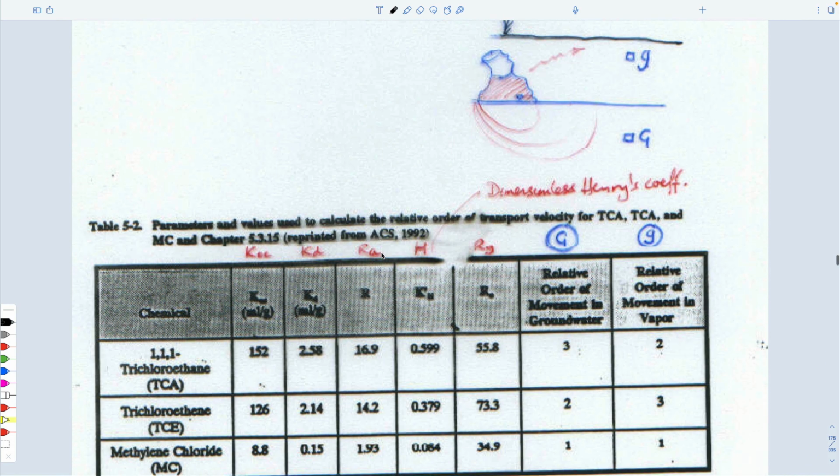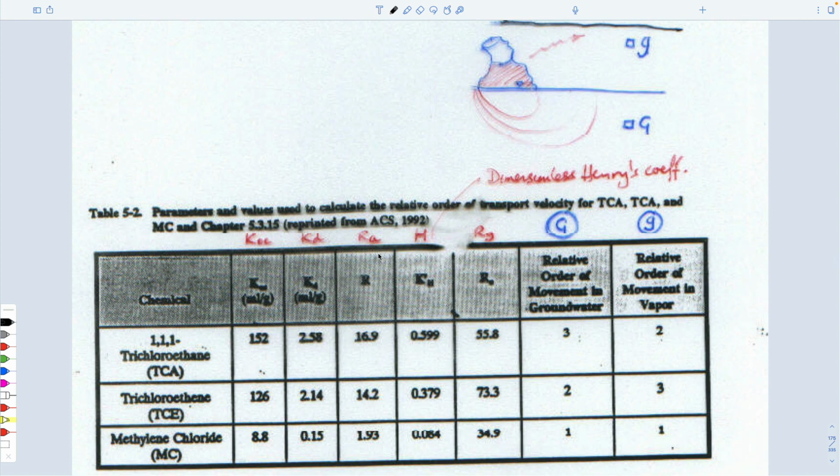And I know it's kind of a horrible figure down here, but this is KOC. This is the distribution coefficient, KD. This is the retardation coefficient in the aqueous portion. So this is below water table. And this is above water table.